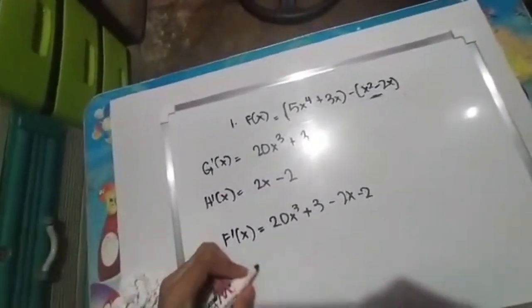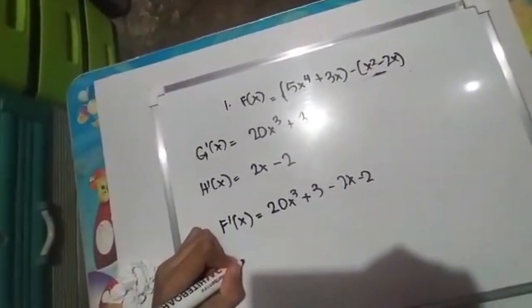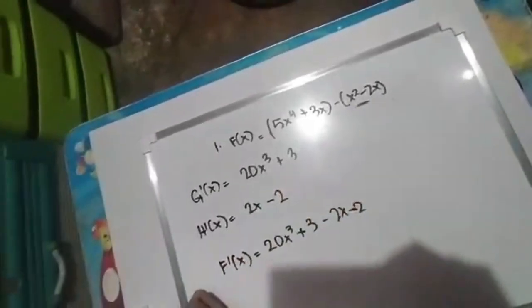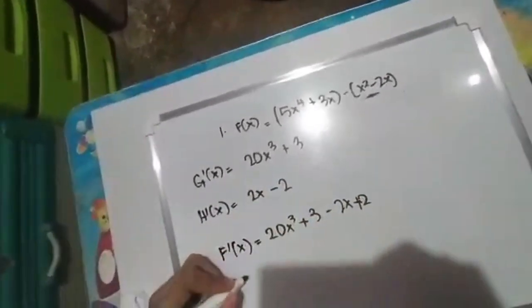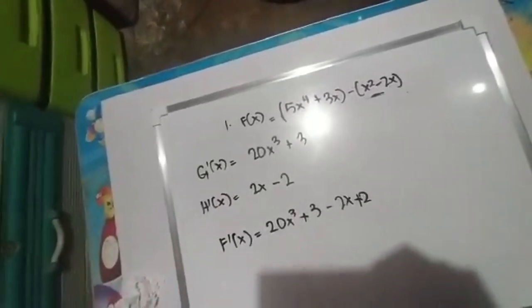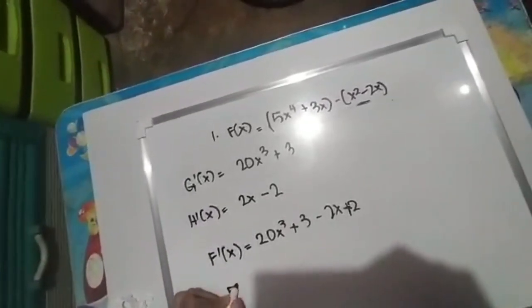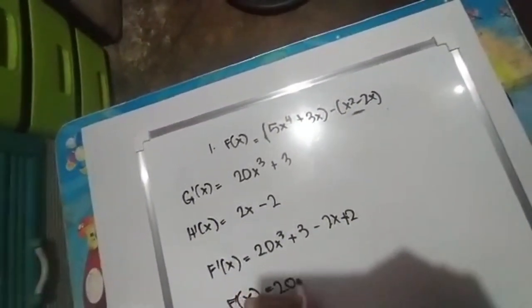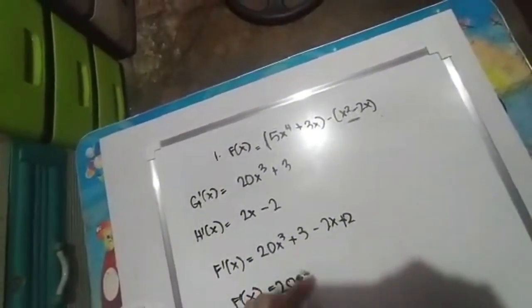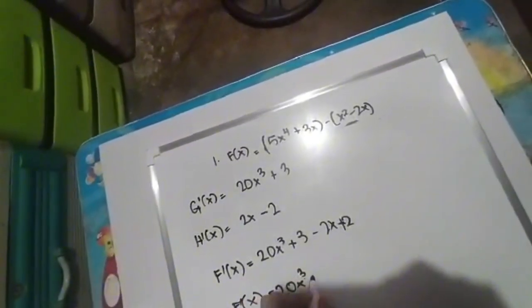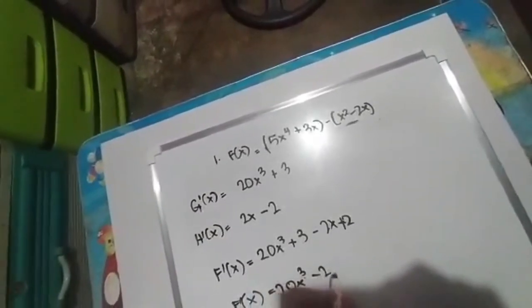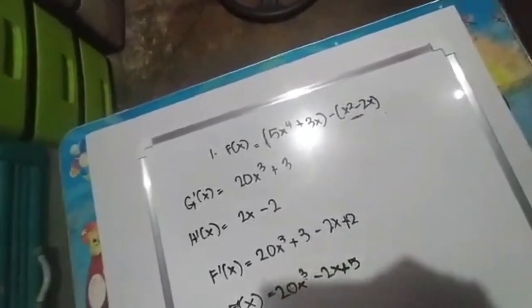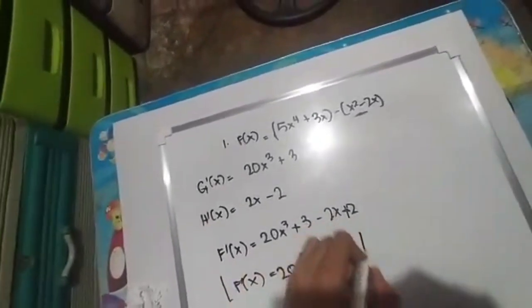Then next, let's simplify it. F prime of x is equal to 20x cubed minus 2x plus 5, and then this will be the final answer.